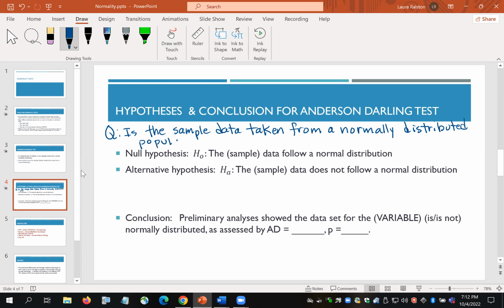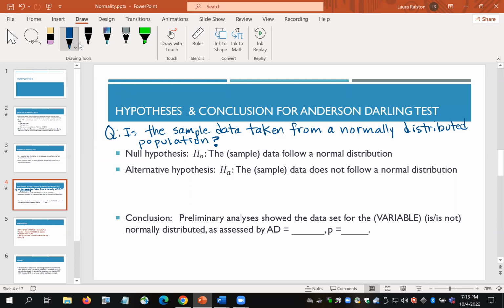Now I put it kind of fancy dancy. It basically boils down to, did the sample come from a normal distribution? And ultimately your answer either has to be yes it did or no it didn't.